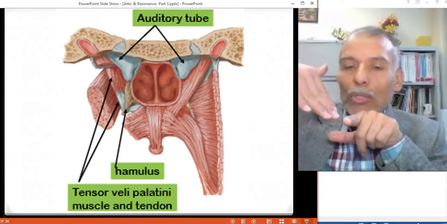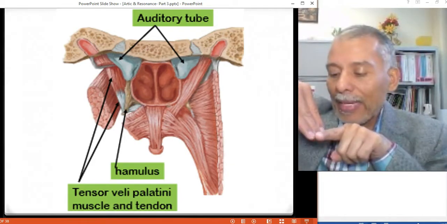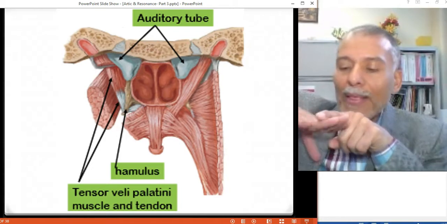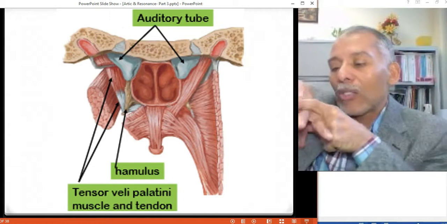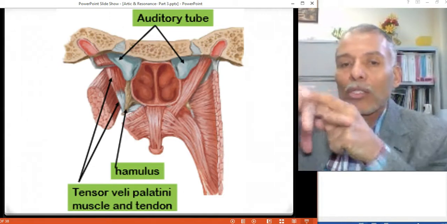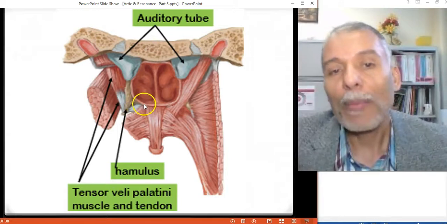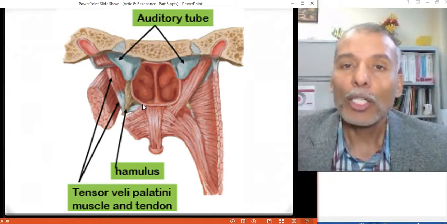As it comes close to the bone, it turns into a tendon. And the tendon goes under the hamulus. And then it shows up on the other side and it fans out and inserts onto the edges, the posterior edges of the palatine bone, and it forms the palatal aponeurosis.